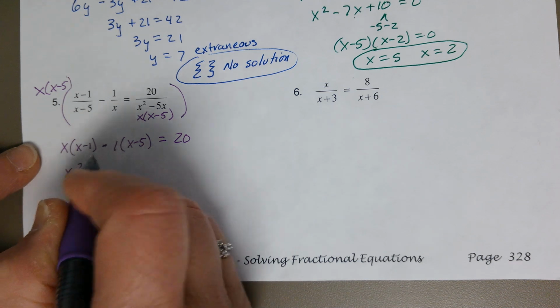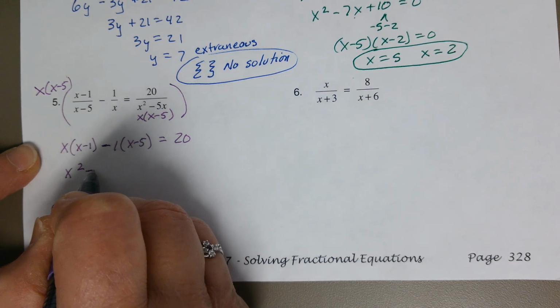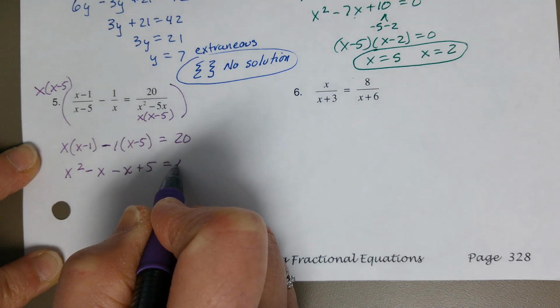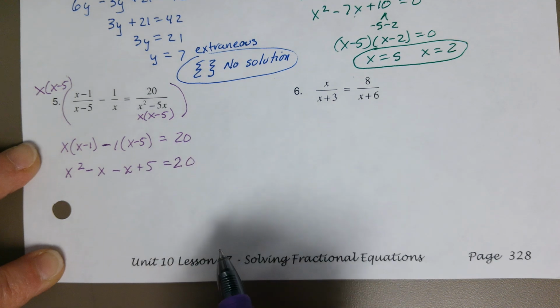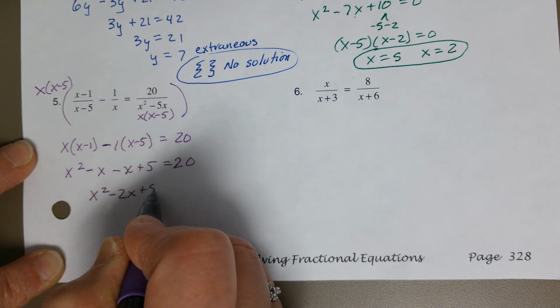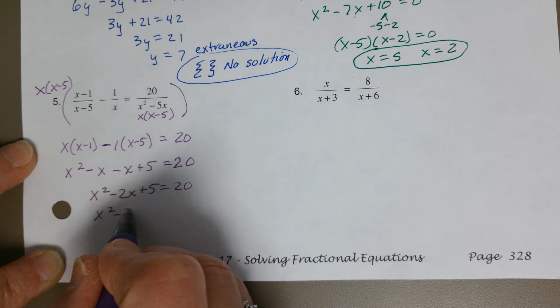Distribute. This is subtraction here. That's negative x plus 5 equals 20. Combining like terms. Bring 20 over to the other side.